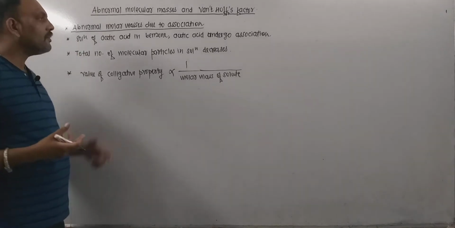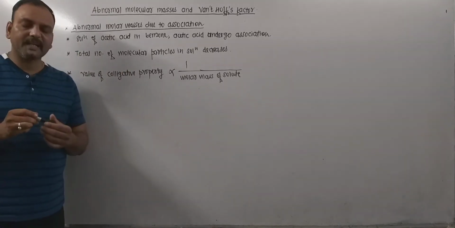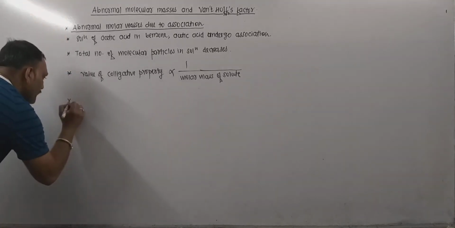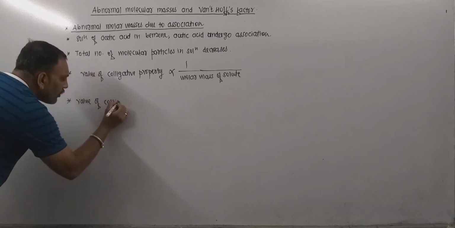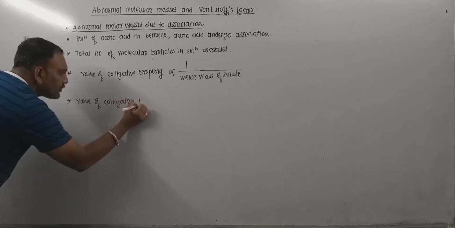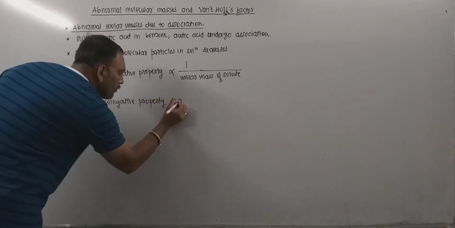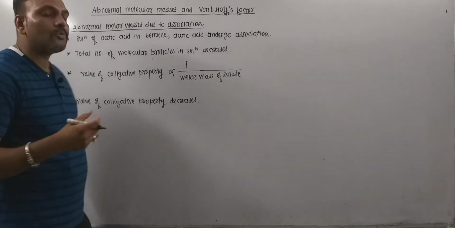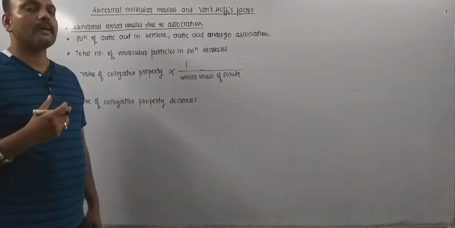Thus, due to decrease in the number of molecular particles, the value of colligative property seems to get decreased. Due to association, that leads to the increased calculation of the molecular mass.